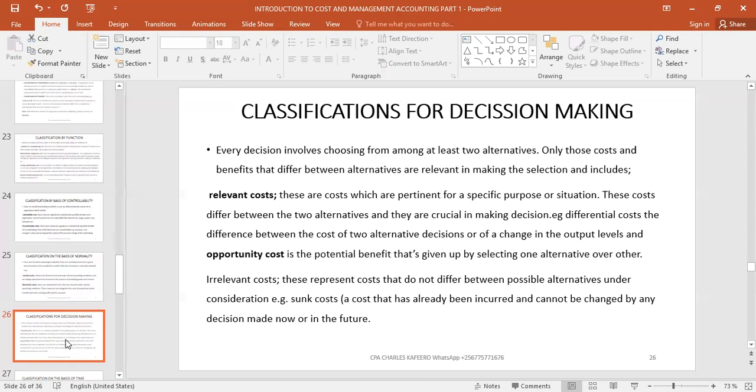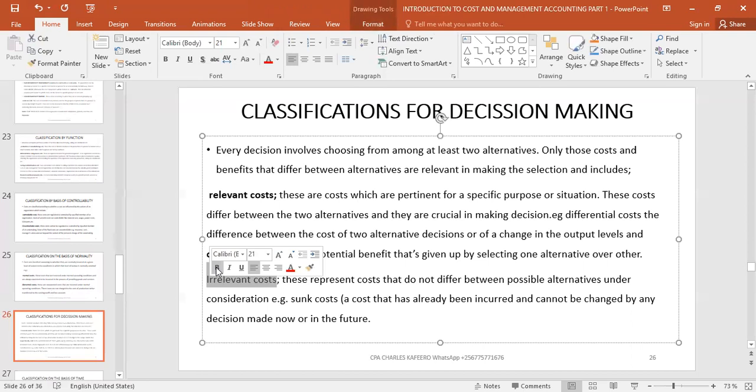The other one, we can talk about the irrelevant costs. They are those costs we've incurred when making a decision, but they were irrelevant. But they were important in the sense that they helped us to find out what we can really produce.